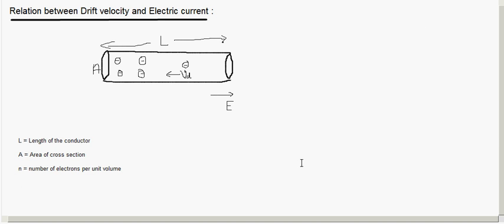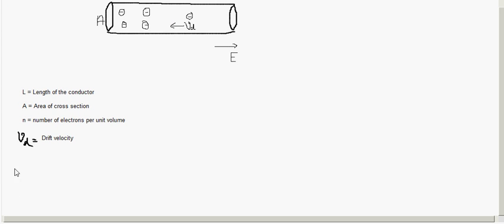So we can write Vd, which is equal to the drift velocity. Now during the time delta t, due to this electric field E, the electrons gain some acceleration and they move with drift velocity Vd. So how much is the distance traveled during time delta t?